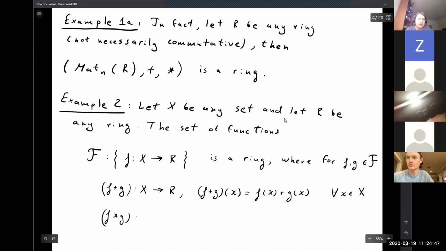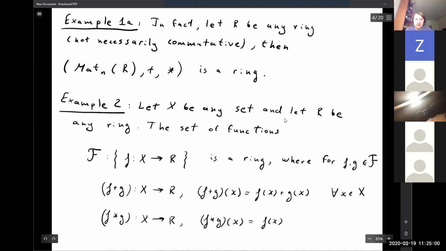The result of the multiplication of two functions is a new function from X to R, which when evaluated on x is just the product of the values of the functions f and g. That's for all x in capital X.